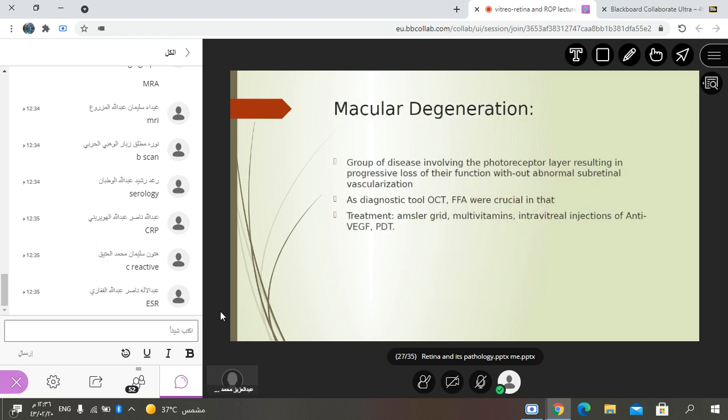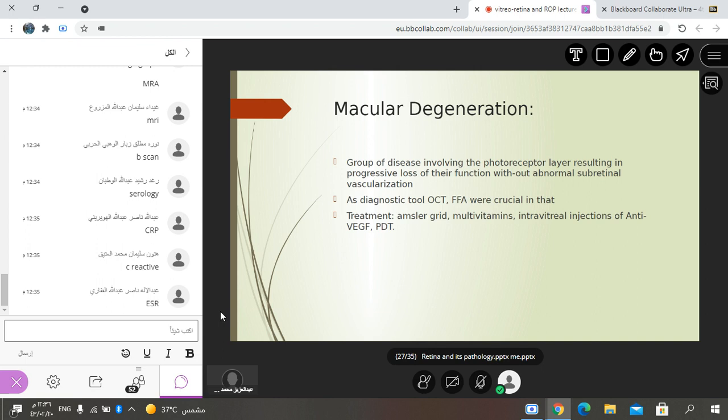Now the macular degeneration. Generally retinal degeneration. One of the most important is macular degeneration. The most common actually, not in our community, in North America, is the age-related macular degeneration. It's a group of diseases involving the photoreceptor layer, resulting in progressive loss of their function, with or without abnormal subretinal vascularization.